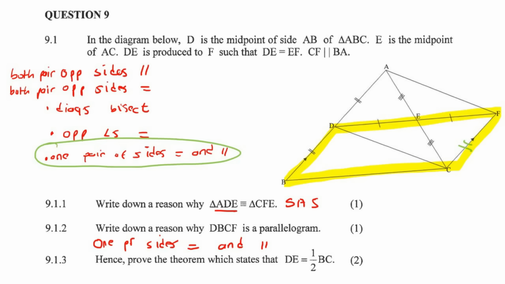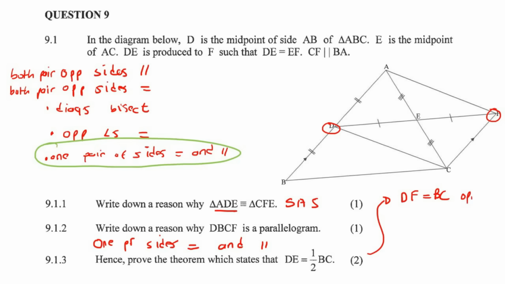Okay, and then the last one. Hence, prove the theorem which states that DE is equal to a half of BC. So what we know is that this length DF is the same as BC. Why? Because it's a parallelogram. So we can say opposite sides of a parallelogram. Now you can say parallelogram like that, or I've seen some schools do it like that, but I'm just going to go opposite sides of a parallelogram.